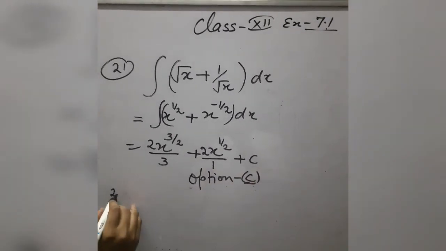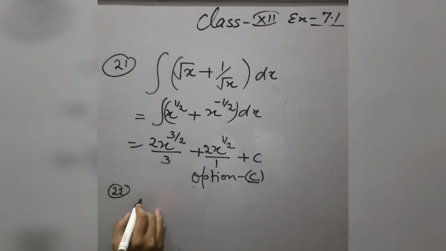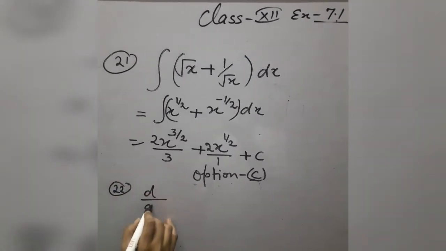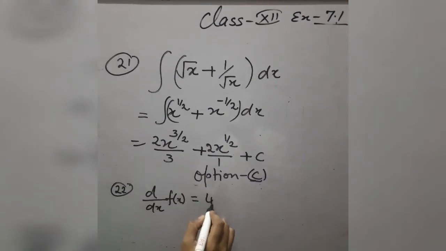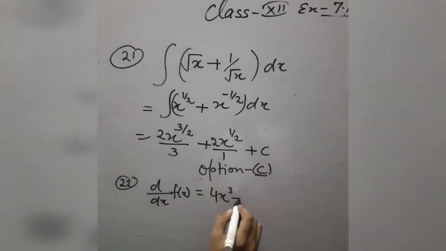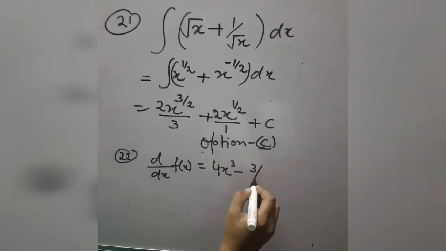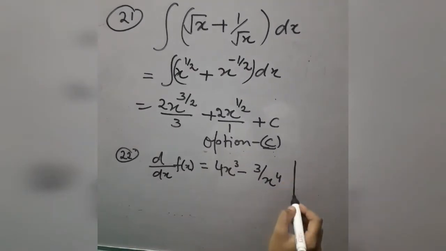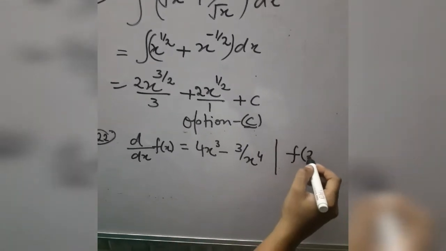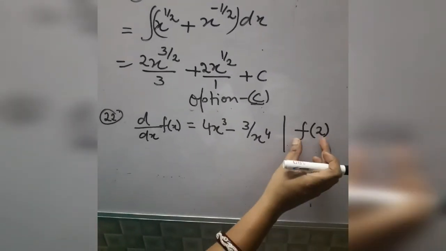Now last sum of this exercise, 22nd sum. In this sum, dy dx, what is the meaning of dy dx? Derivative. Very good. Derivative of this function is given to you: 4x cube minus 3 by x raised to power 4, and one more thing is given to you. F of 2, what is the meaning of f of 2?